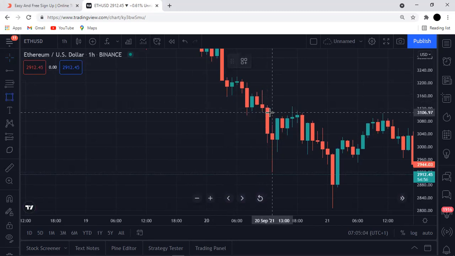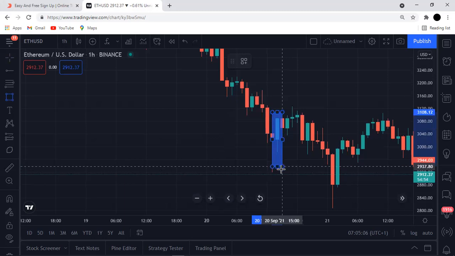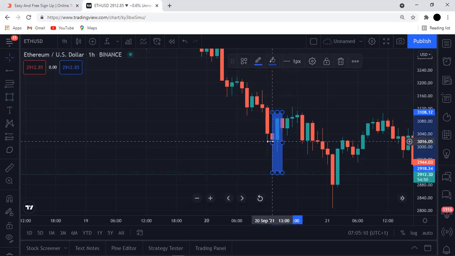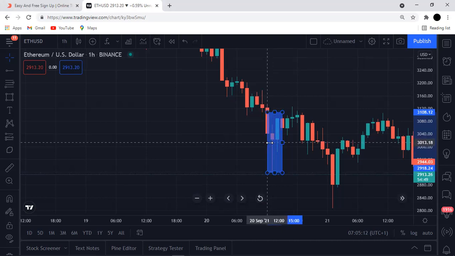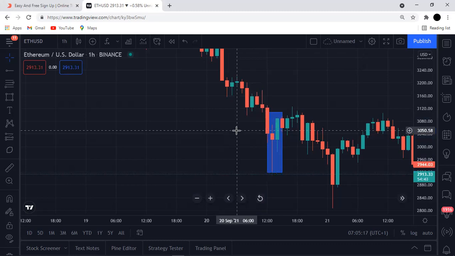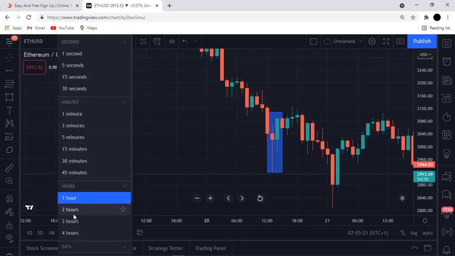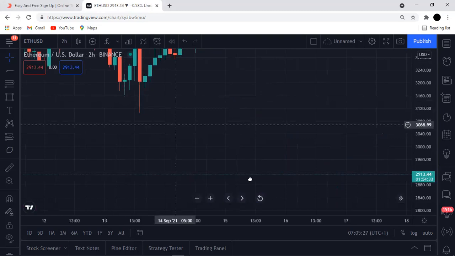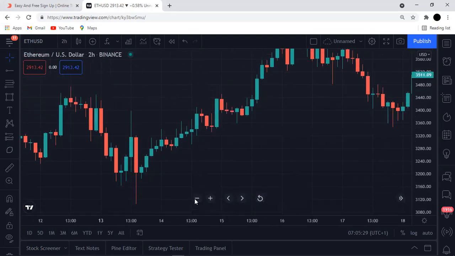I'm looking for a perfect engulfing. Considering just these two candles, just the pattern I showed us, we want to see how valid it will be under our 2 hours time frame. So we'll go and look for that rectangle I drew here under the 2 hours.